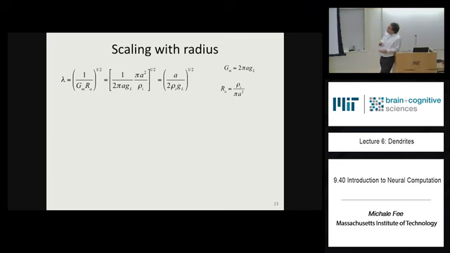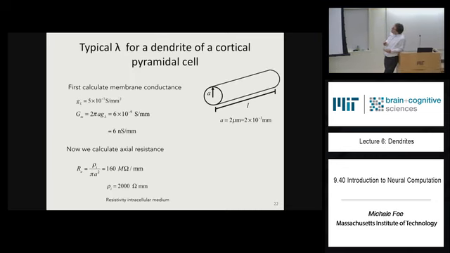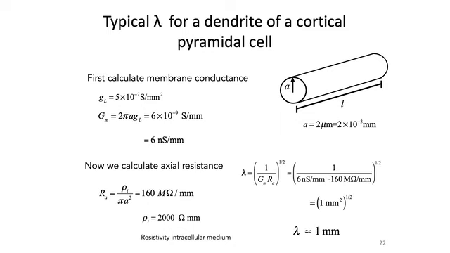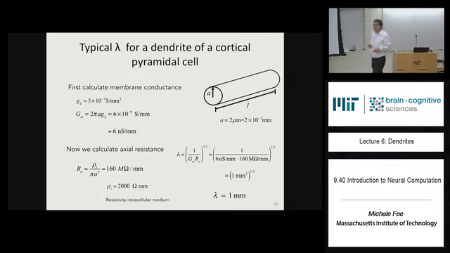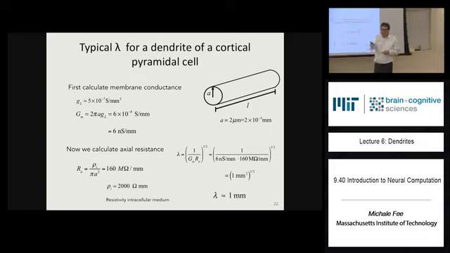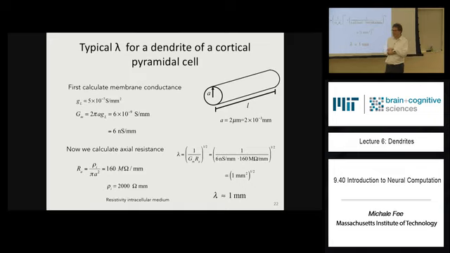So a piece of dendrite 2 microns across has a length constant of 1 millimeter. What diameter dendrite would we need if we needed to send a signal across the brain passively through a cylindrical piece of dendrite like this?